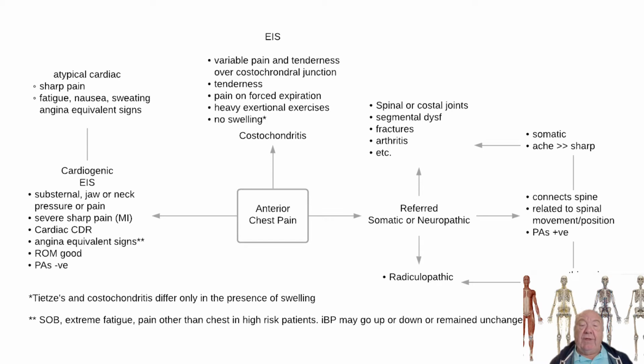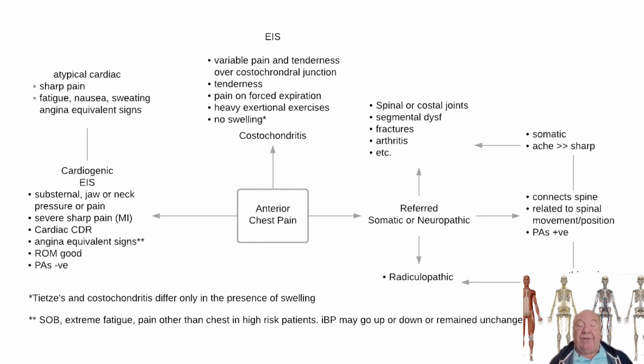You also have the cardiac decision rule that we looked at in the last video. As I say, 3 out of 5 of those items, and they want to be referred to the emergency room. You can have an angina equivalent, which is signs rather than symptoms, and these are considered, as the name would suggest, equivalent to actual angina pain.